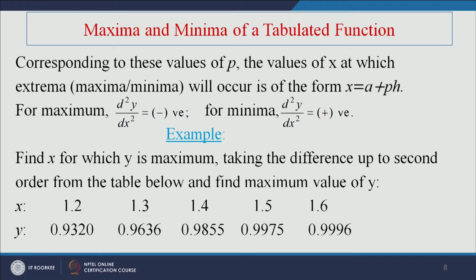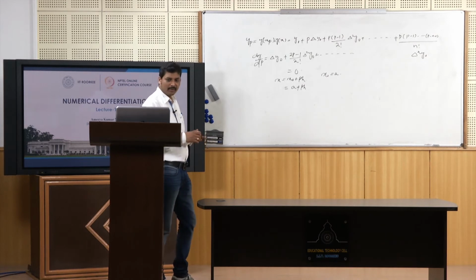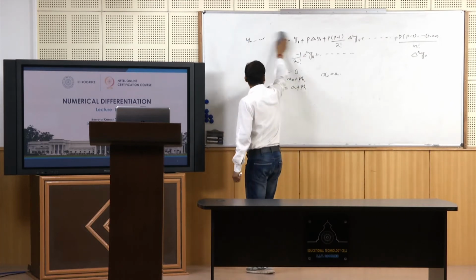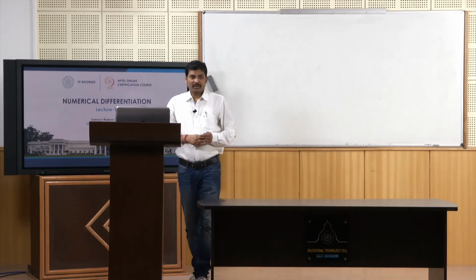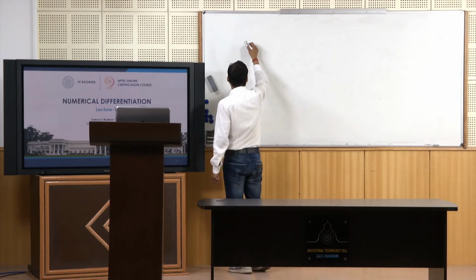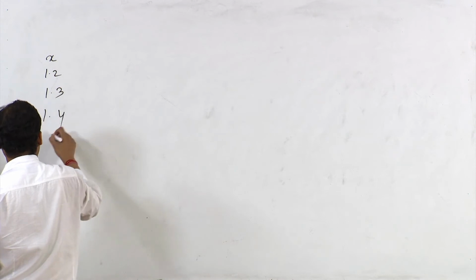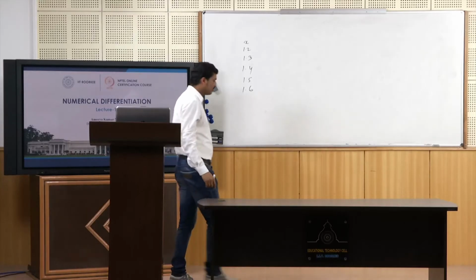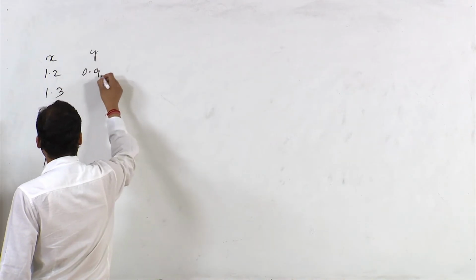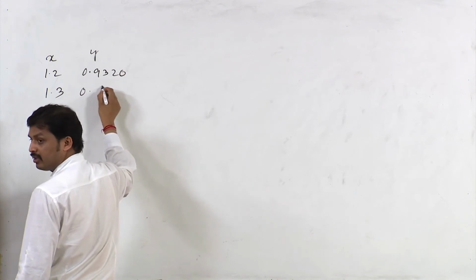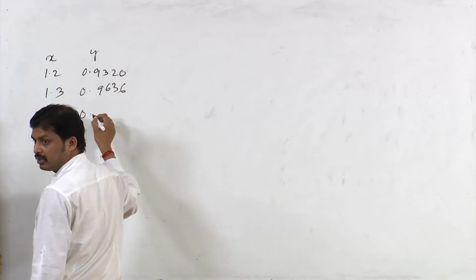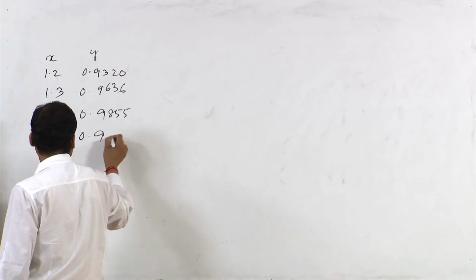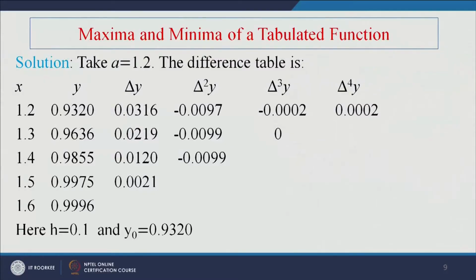The x values are prescribed as 1.2, 1.3, 1.4, 1.5 and 1.6 with step size h equals 0.1, and the corresponding values of y are given as 0.9320, 0.9636, 0.9855, 0.9975, and the last value is 0.9996.